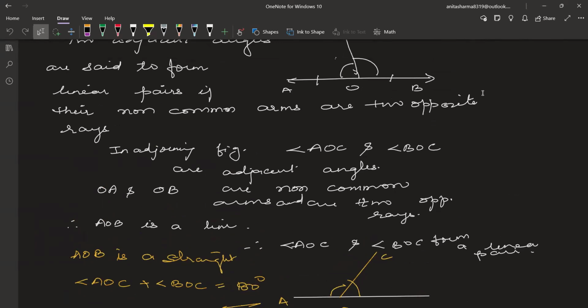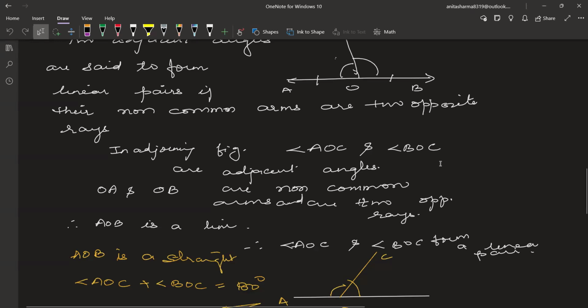So angle AOC and angle BOC are adjacent angles, and OA and OB are the non-common arms, and these are the two opposite rays. So AOB is a straight line, and we know that a straight line always makes an angle of 180 degrees, right, children? Their sum should be equal to 180.